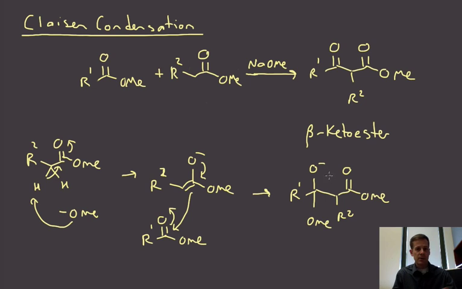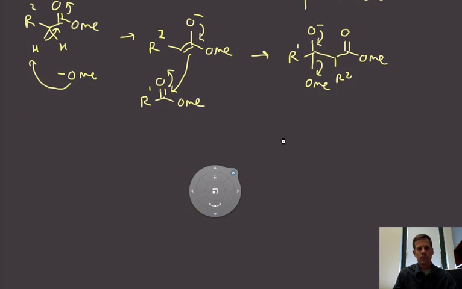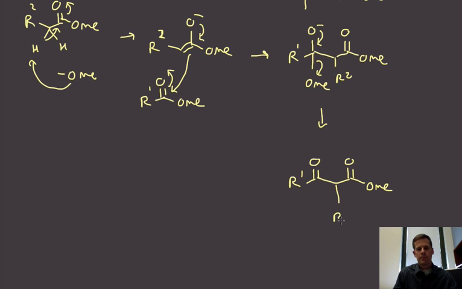And then, just like we've seen before, this is going to collapse down, and we're going to spit off methoxide. Okay, and so then that's going to give us our beta keto ester product.